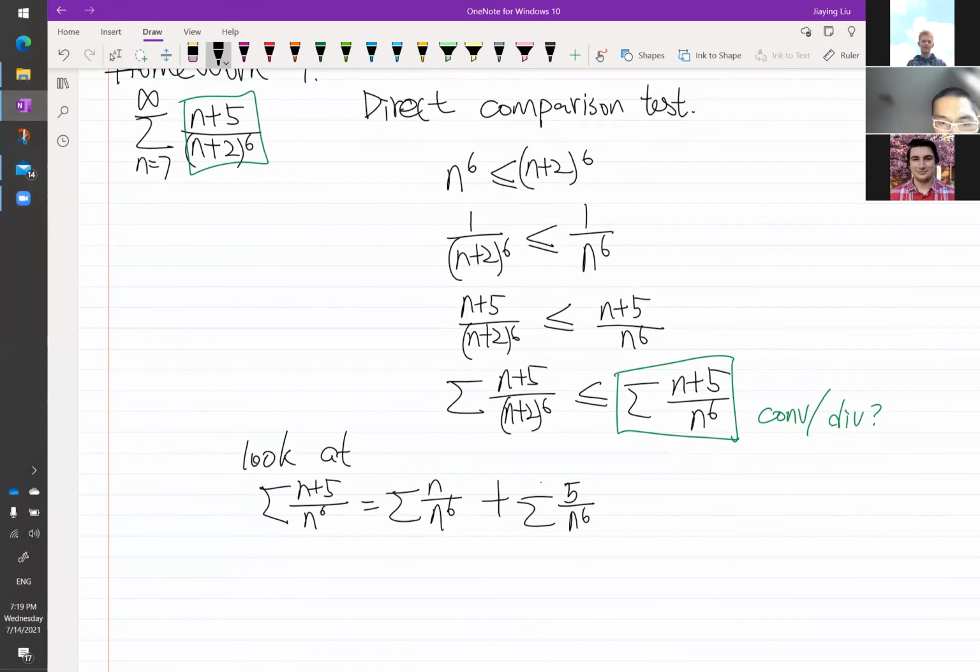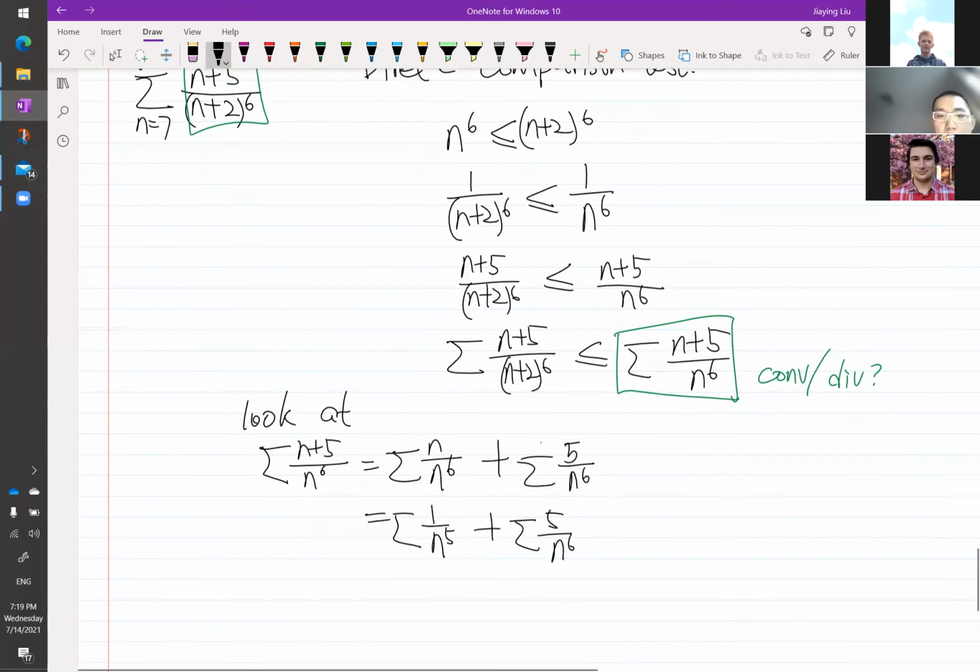So the first one is just 1 over n to the 5th power. The second one is 5 over n to the 6th power. And I hope that at this point you know, well, not immediately, but at least you know how to determine if each one of them is convergent or not, right? This part and this part, they're all the same.